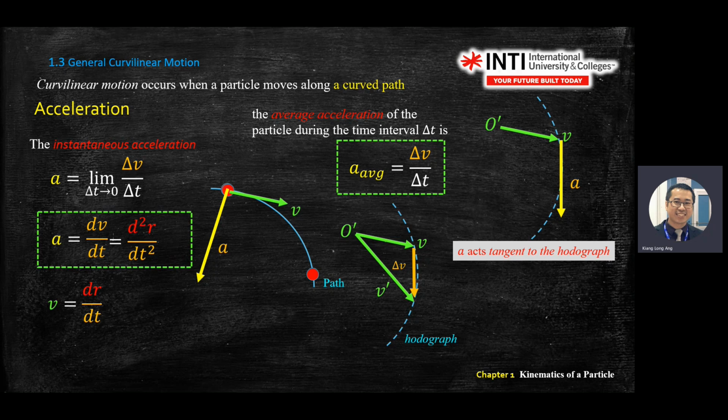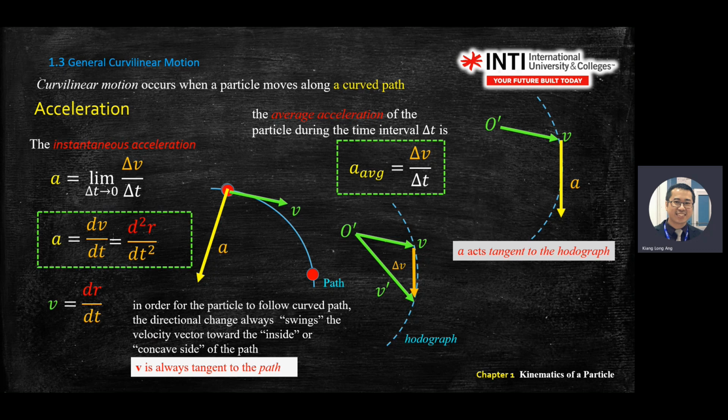If you move right to left, then it's that direction. And acceleration always points inside towards the curve, not outside the curve. This is important, because in and out will tell you whether the answer is positive or negative. Okay, so this is your assumption in the early stage.